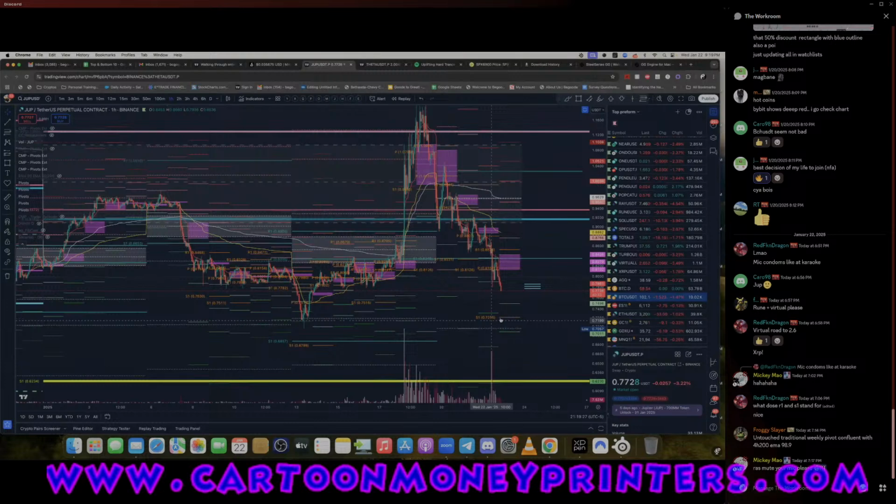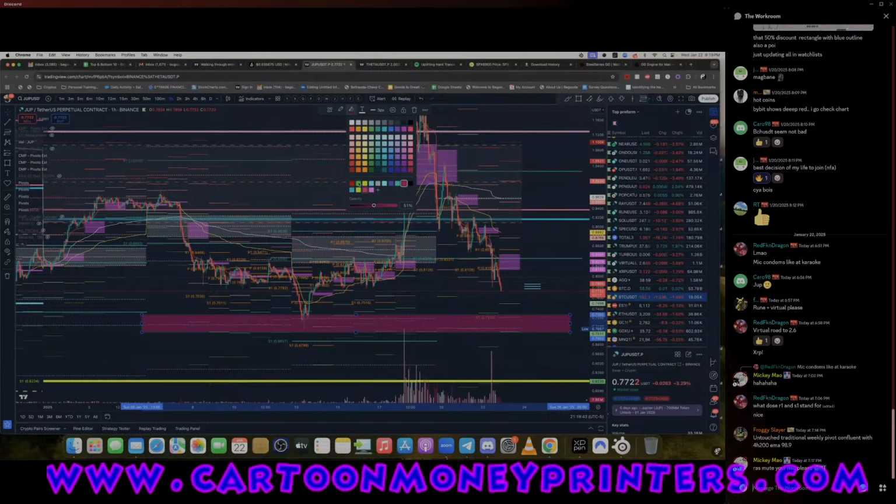We got an S1. So I would say this is a likely area, but it's kind of wide. But it is what it is. So I'm going to put that. That would be an area of interest for me on Jup at around 71 cents.